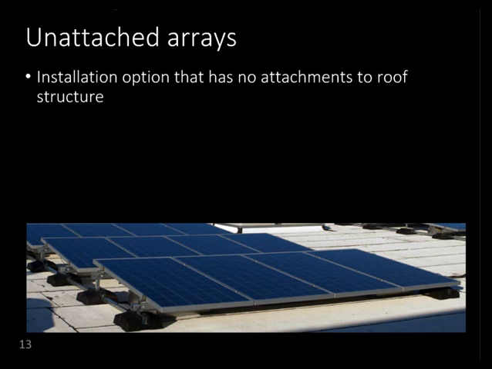To meet that opportunity, one approach that is helpful or sort of limits some of the interferences you have to deal with in dealing with an existing structure is to work with unattached arrays. So unattached arrays, here we use that term to mean an array that's not physically or structurally connected to the roof structure.